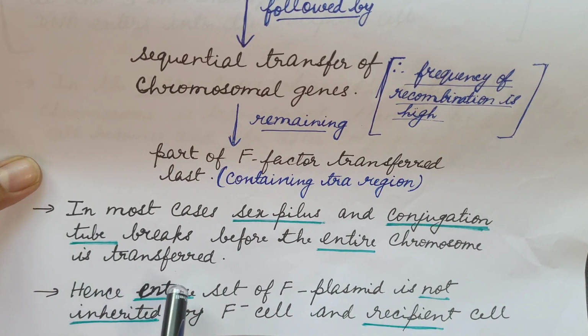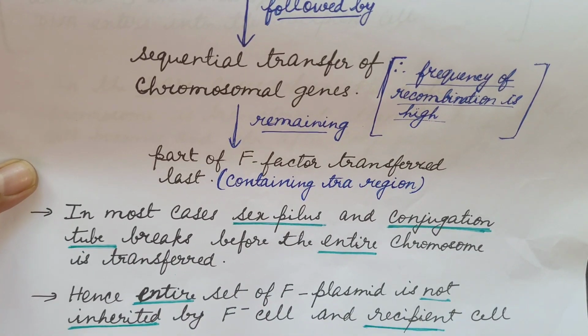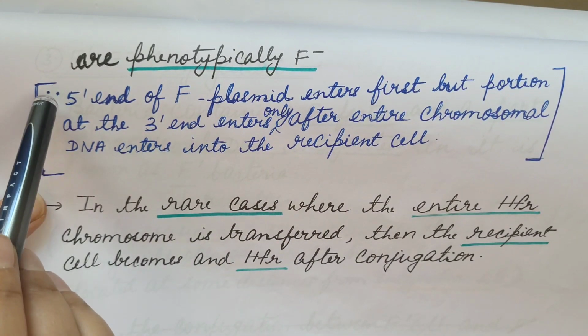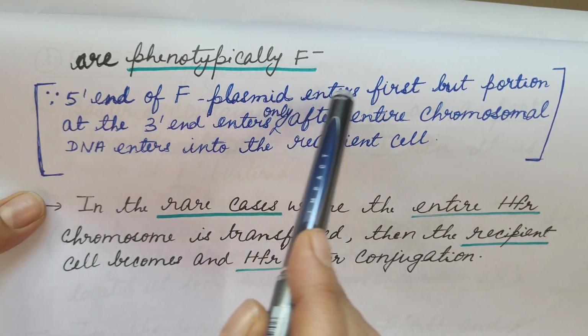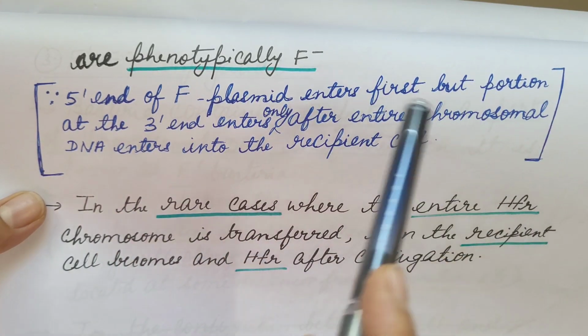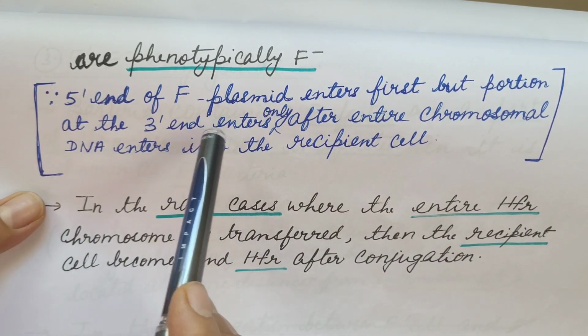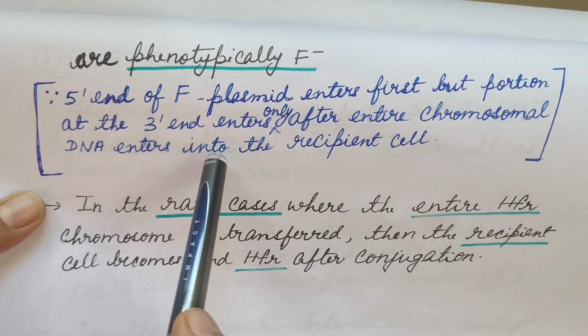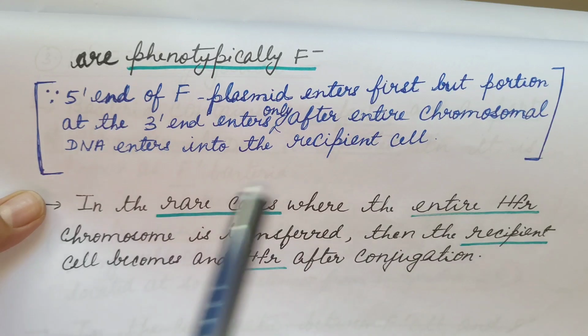As a result, the entire F plasmid is not inherited by the F minus cell, and the recipient cells are phenotypically F minus. This is because the 5' end of the F plasmid enters first, but the portion at the 3' end enters only after the entire chromosomal DNA enters the recipient cell.